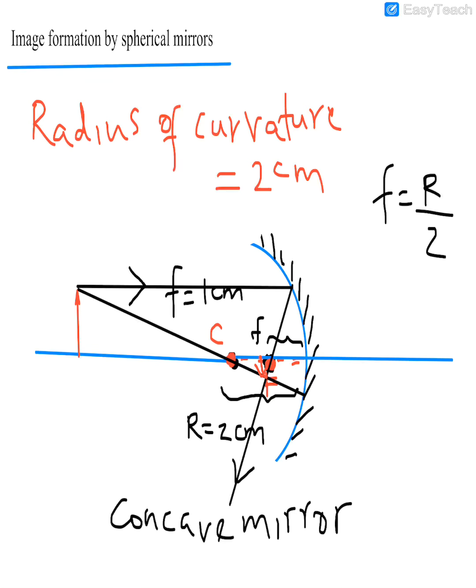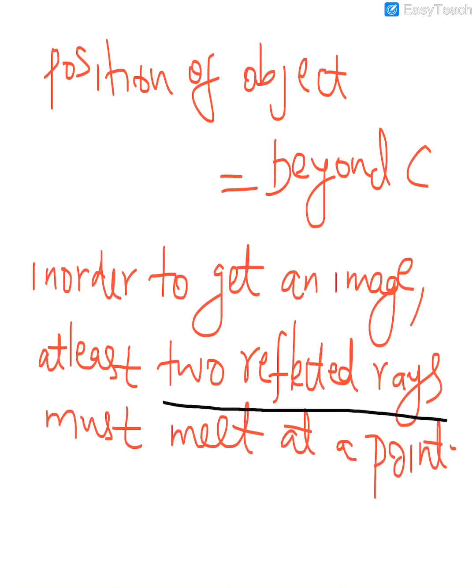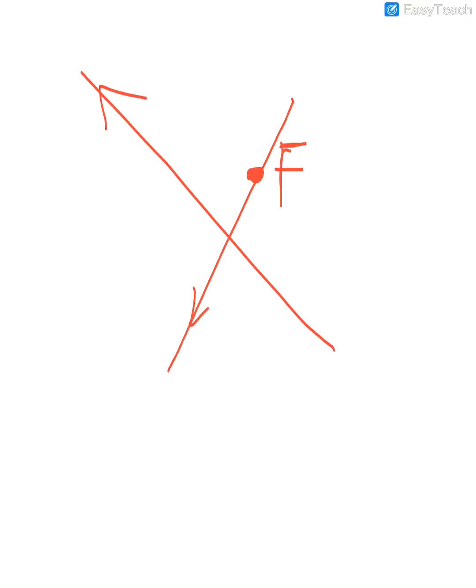Okay, so that point, if they are touching like this, I will just give you an example. One ray is moving like this through F. This is F. If this is F, and another one you can see through the lens, it is coming back. So this is the point they are meeting, and this is your principal axis.